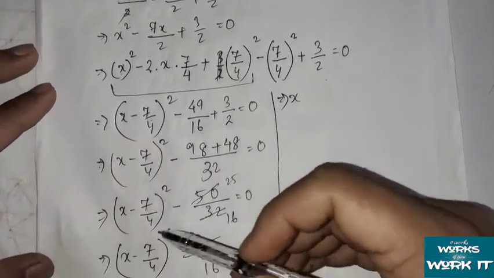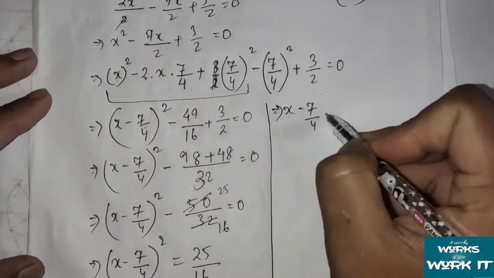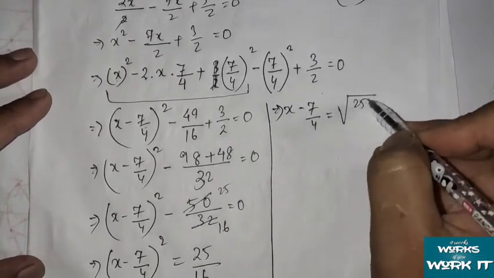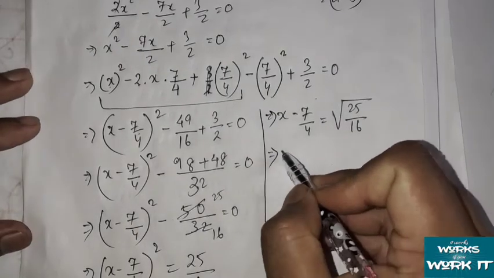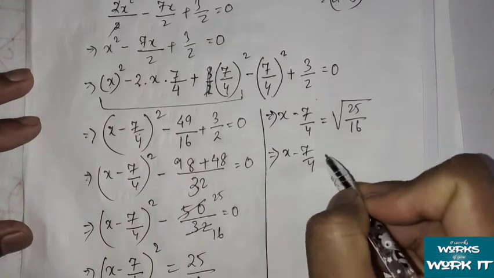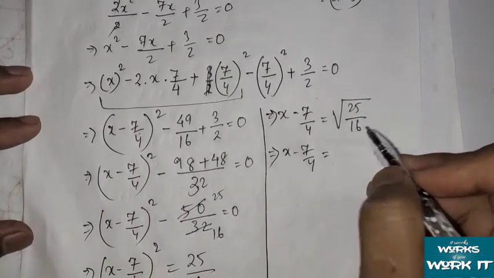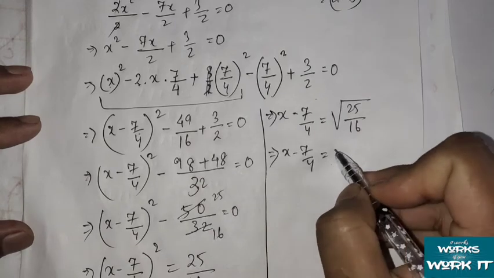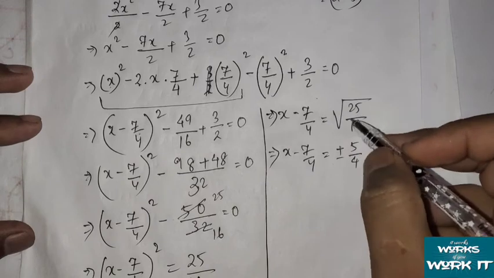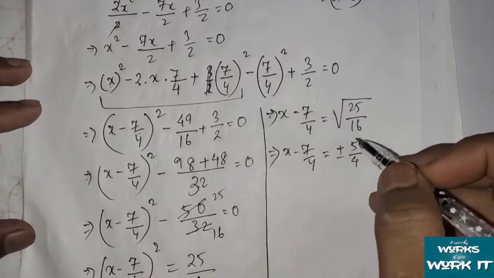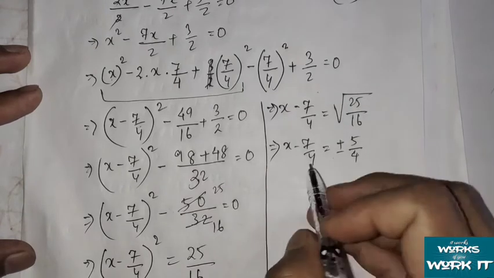After sending this square to the right hand side, it will be forming root equal to root 25/16. After x minus 7/4, so root 25, it has 5 and 16 as 4, so plus minus 5/4. Root is always bipolar in nature, so it will give us both the sign, that is positive and negative.